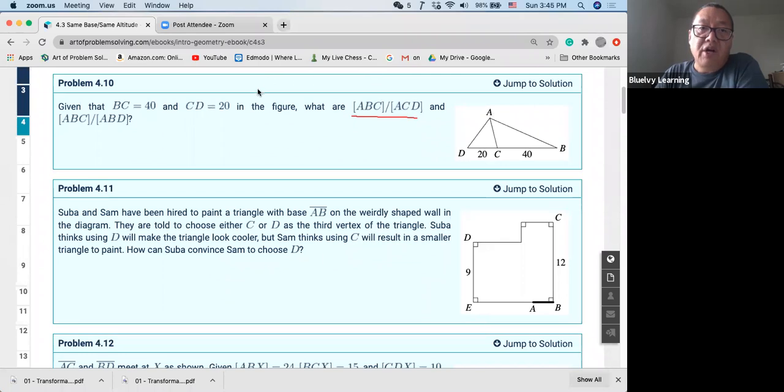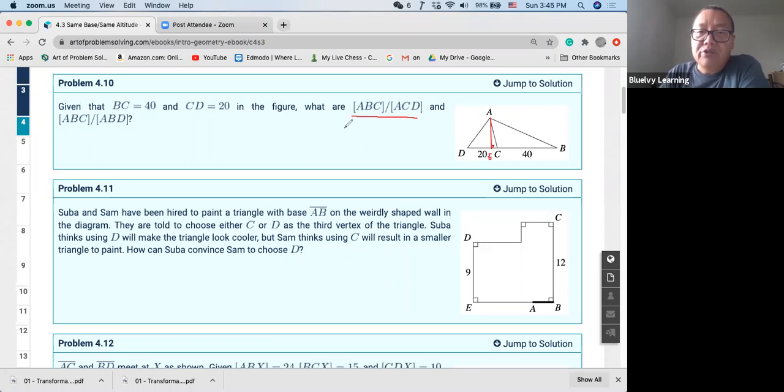If you draw an altitude from A to the side BD, then you get the same altitude. This one is a right angle. Suppose this one is E. AE will be the height or altitude for these two triangles.